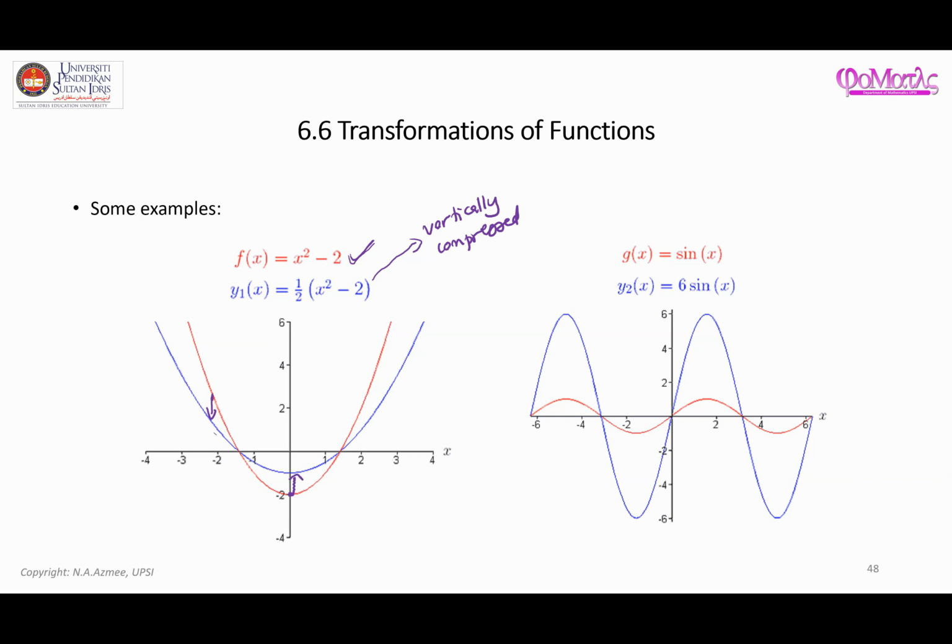Now for this one, this is the original function, and you can see that this graph is multiplied by a factor of 6. So this is being vertically stretched. At point 0, it is maintained as it is, but all these points are stretched upwards.